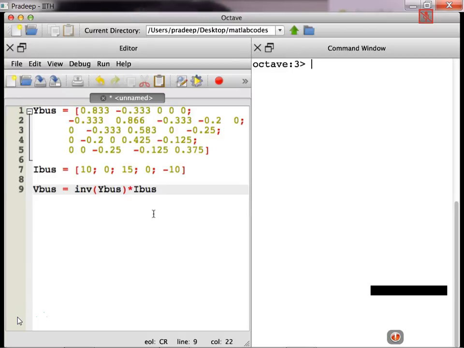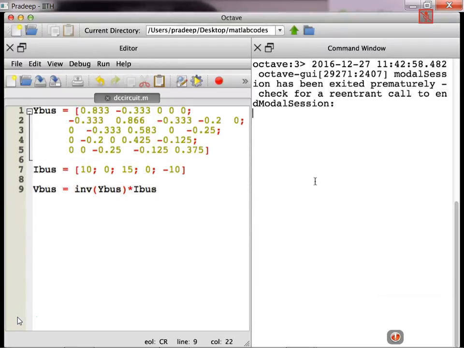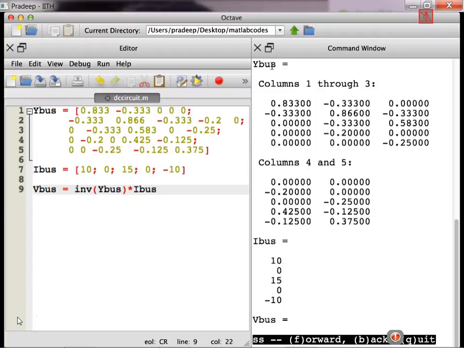So once I save this file, let's say DC circuit. So I saved this file. Now I simply execute this file. I'll be able to solve the values of V bus. So if I just run this, here is the solution.